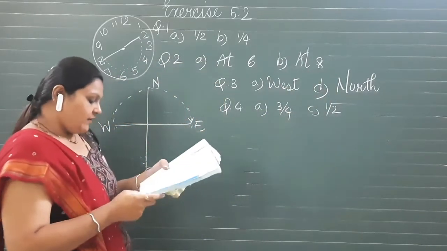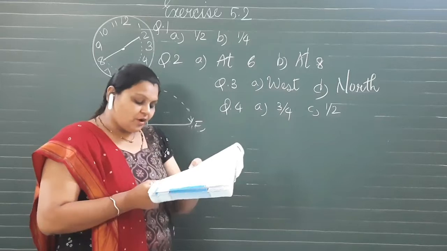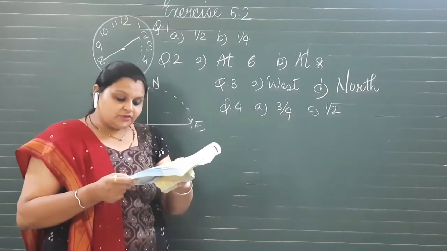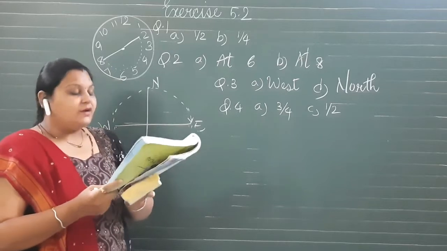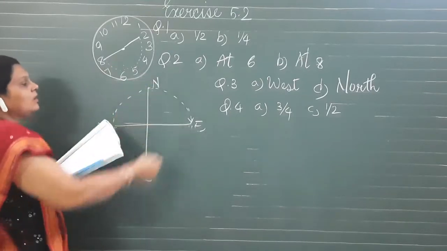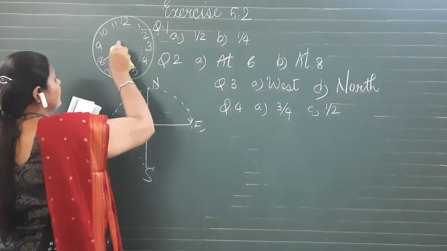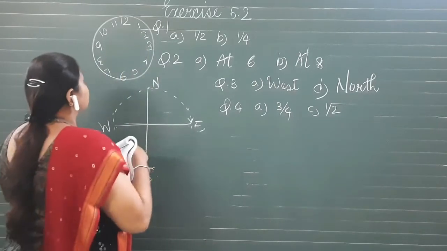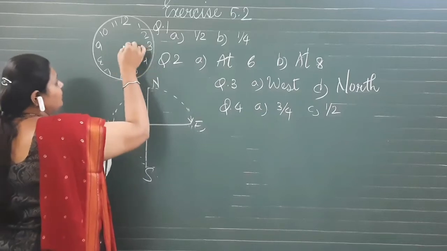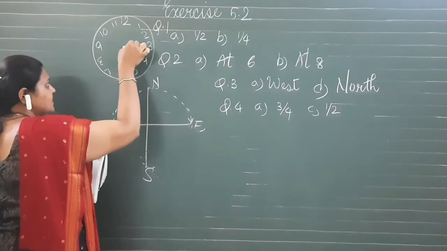Question number 5. Find the number of right angles turned through by the hand of the clock when it goes from. Now again we will focus on the clock. Here we are having a clock. So very first, 3 to 6. Hand is on 3 and 6.